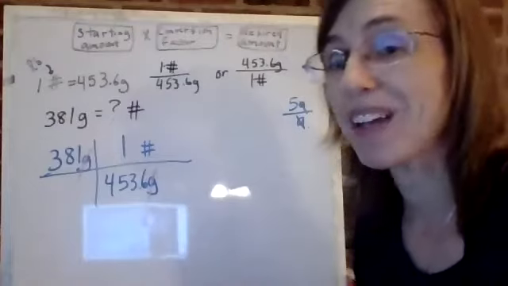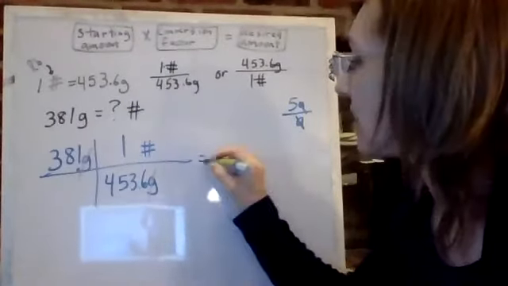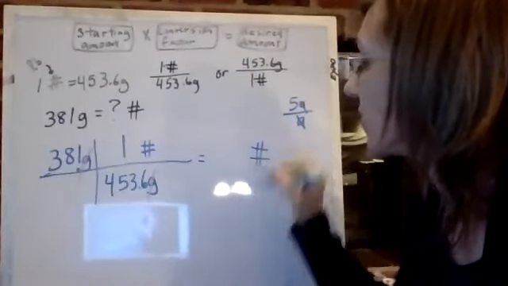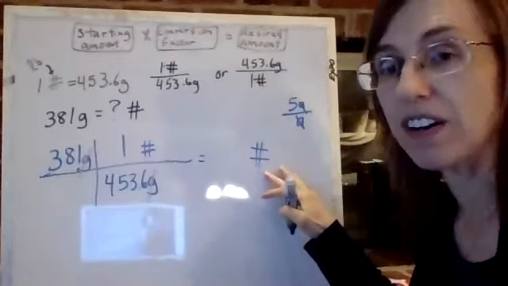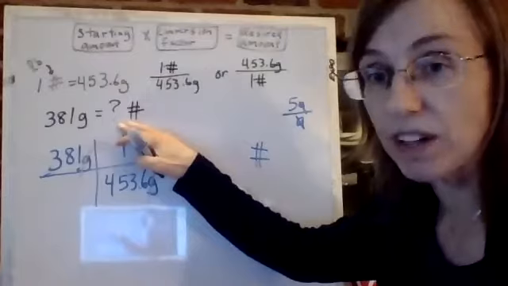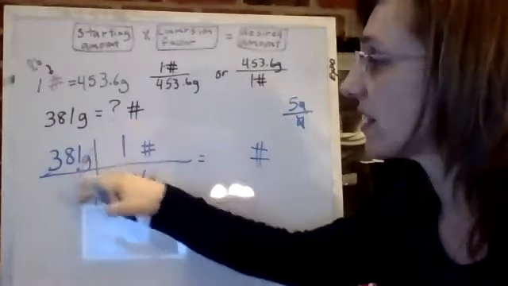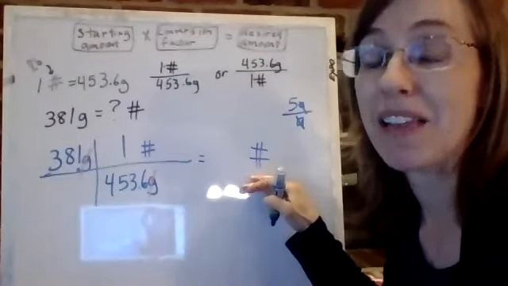The only unit we haven't canceled out is pounds. And that is going to be the answer, because we carry all the units through to the very end unless they've been canceled out. That is what we want.